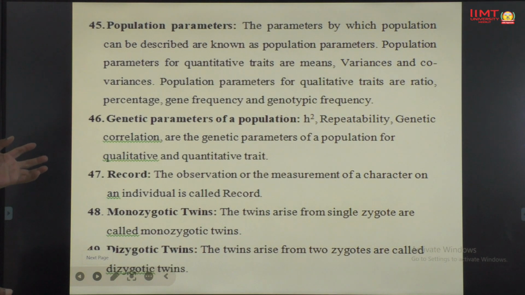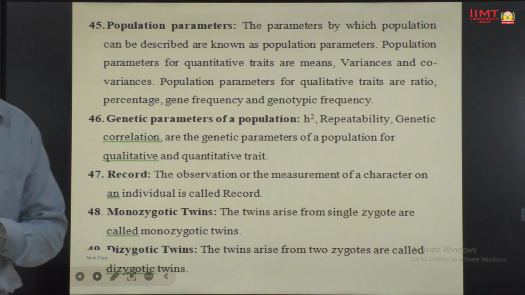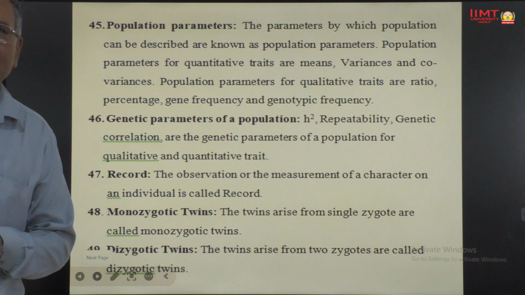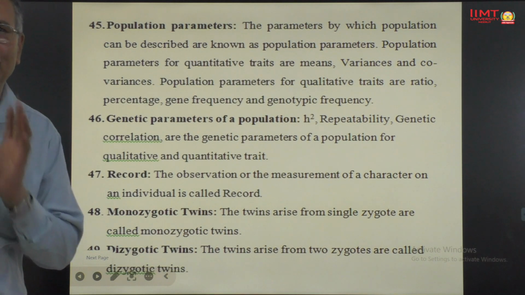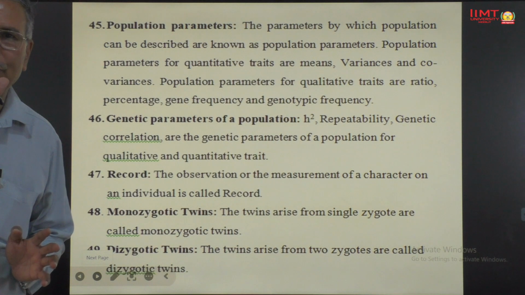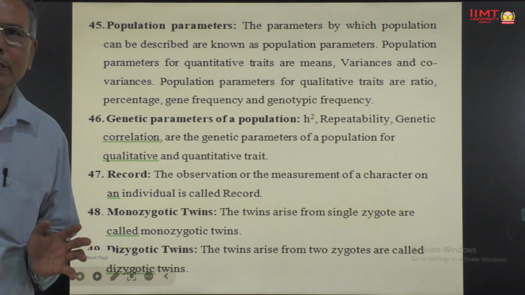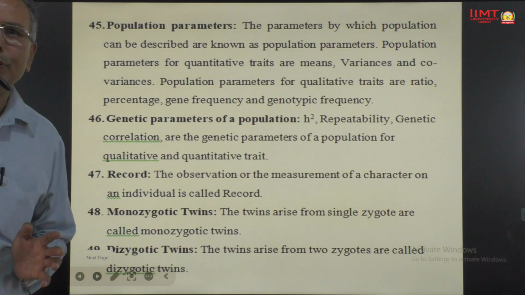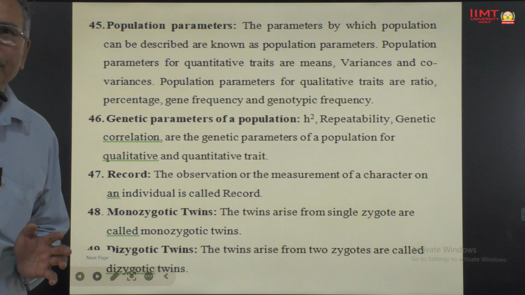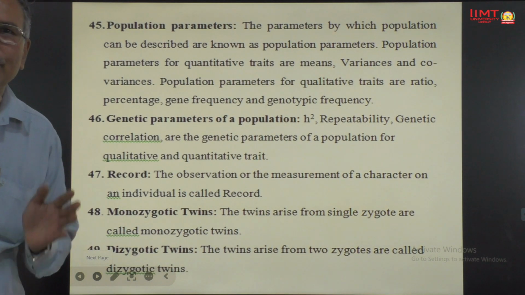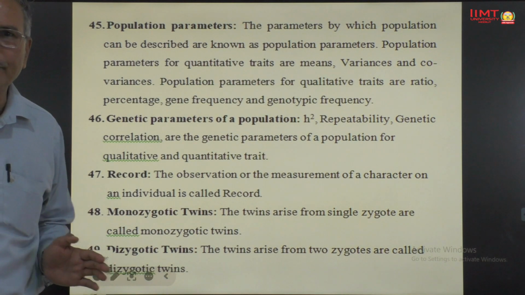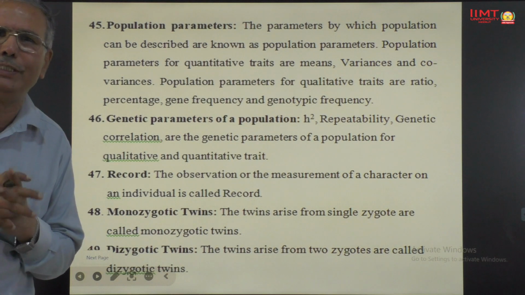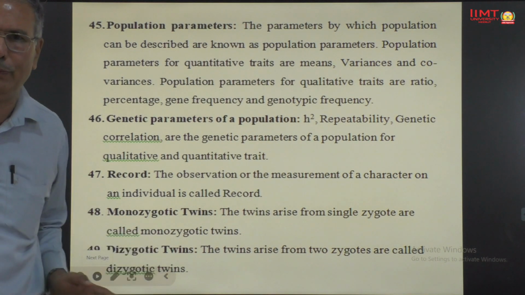What are monozygotic twins? You have heard of twins. The twins may be of two types. Monozygotic twins are twins which arise from a single zygote. Monozygotic twins are genetically 100% similar.